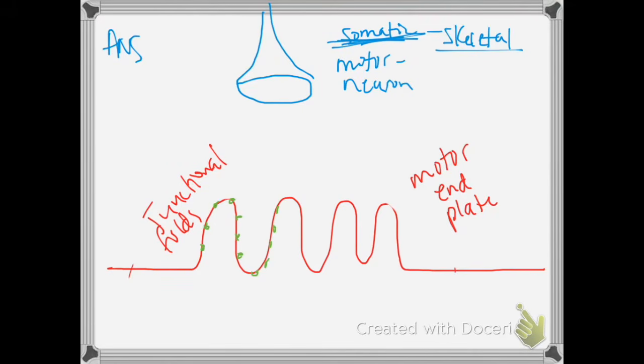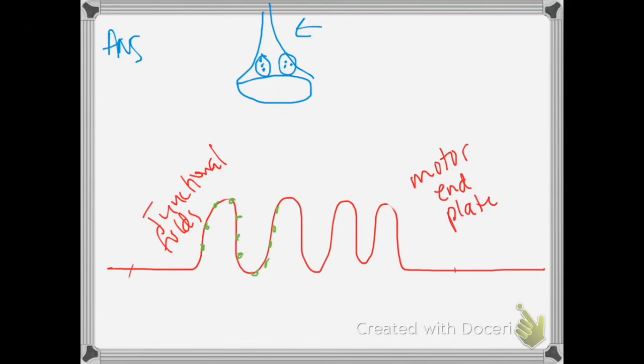So at the end of this motor neuron, I have these vesicles, and these vesicles are filled with chemicals called neurotransmitters. So let's clean this up a bit. We know that this is a somatic motor neuron, so I'm going to get rid of that.